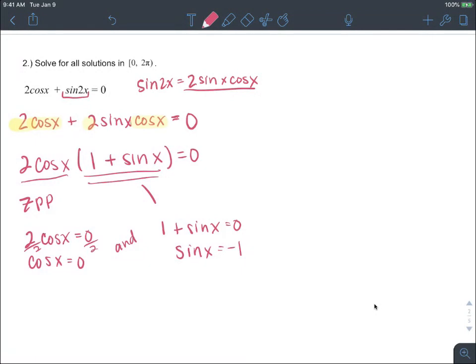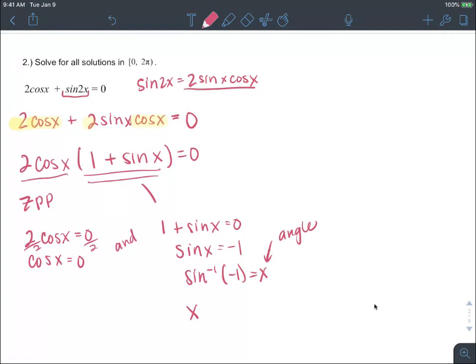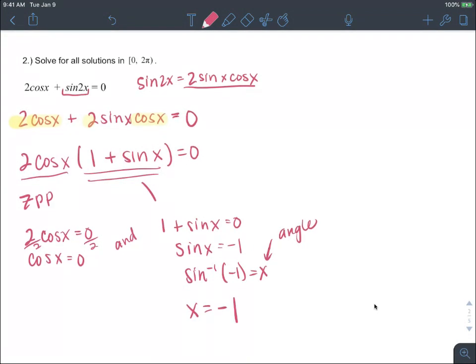Okay, so when is sine of x equal to negative 1? So sine inverse of negative 1 is equal to x, which is an angle. Okay, so on the unit circle, sine is the vertical, at negative 1, so that would be, this is wrong, sorry, the angle is 3 pi over 2.